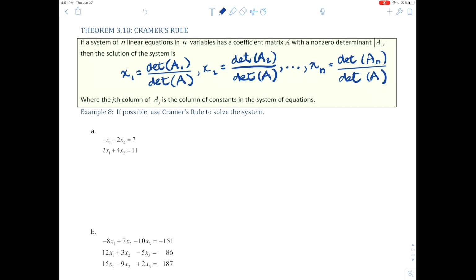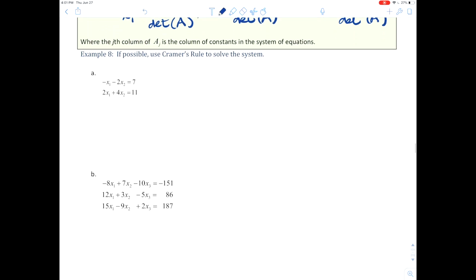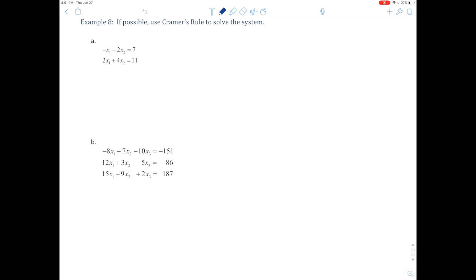Okay? All right, so let's check these examples out. If possible, use Cramer's rule to solve the system. So what we want to do here is immediately find the determinant of the coefficient matrix. Don't make the mistake of finding all the other determinants. If the determinant of the coefficient matrix is 0, you cannot use Cramer's rule. All right?